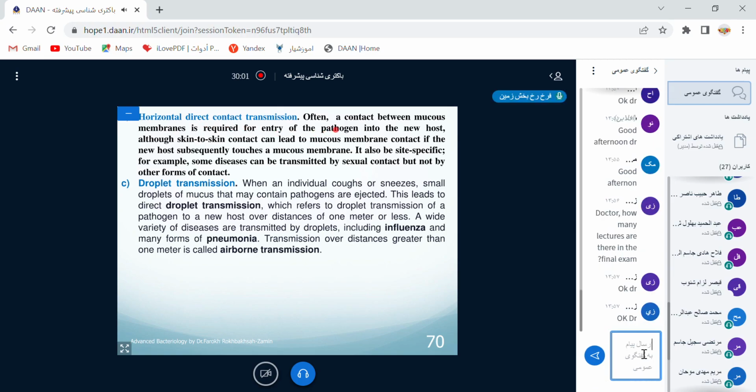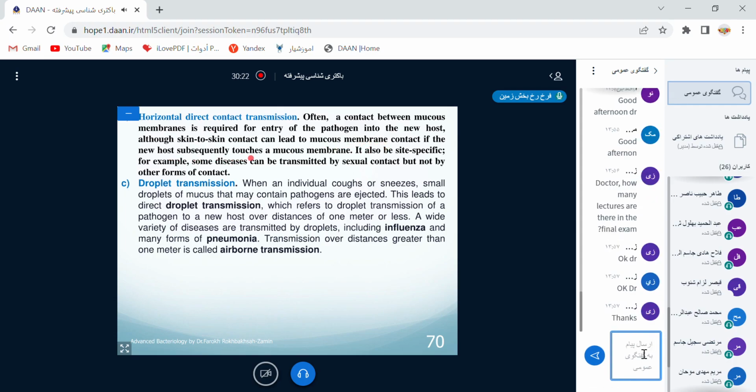Horizontal direct contact transmission. Often contact between mucous membranes is required for entry of the pathogen into the new host. Although skin-to-skin contact can lead to mucous membrane contact, if the new host subsequently touches a mucous membrane, it can also be site-specific.